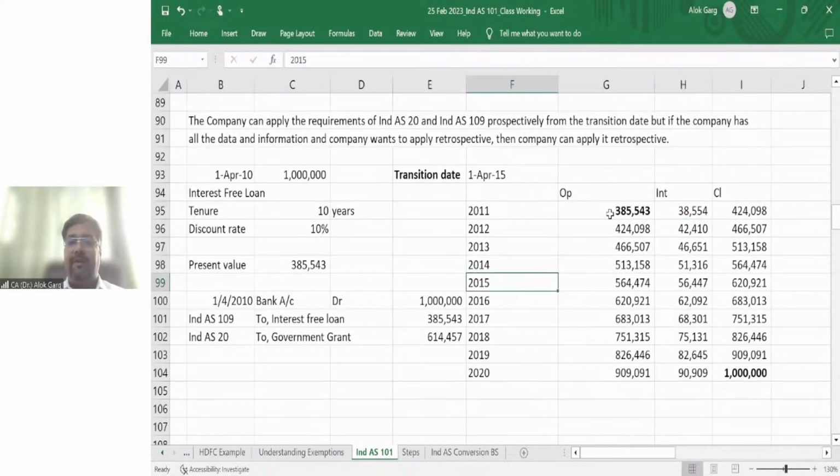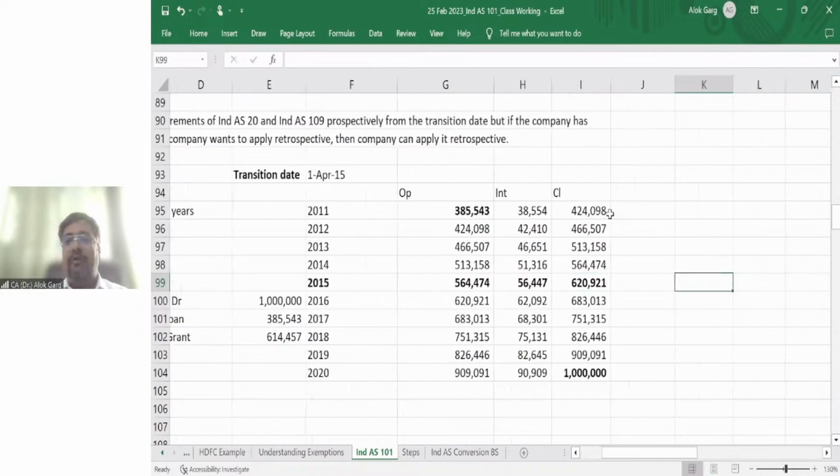What is the transition date? It is 1st April 2015. 1st April 15 means 31st March 15. What is the value on 31st March 15? It is 607,921. Your value on transition date, by applying Ind AS 109 retrospectively, your interest-free loan will be how much? 607,921 on the transition date.